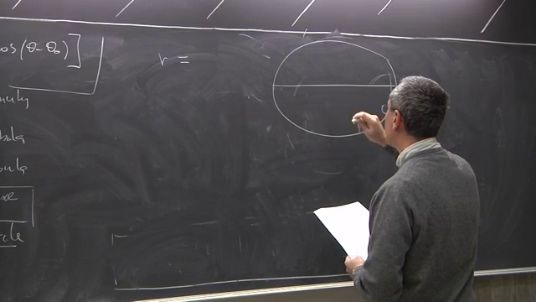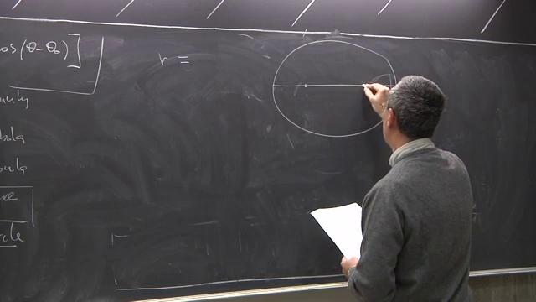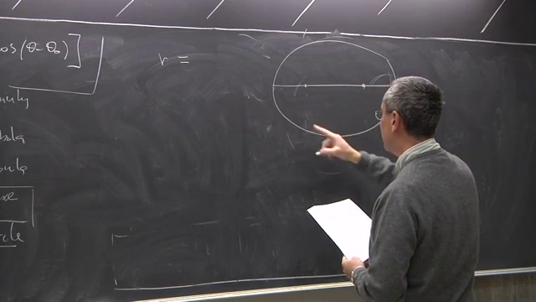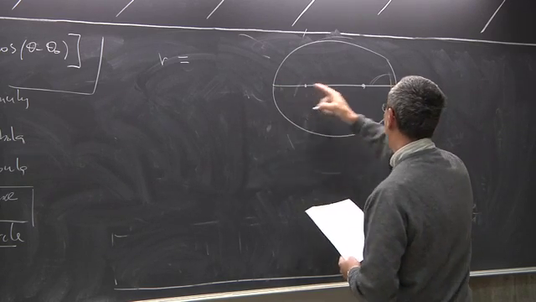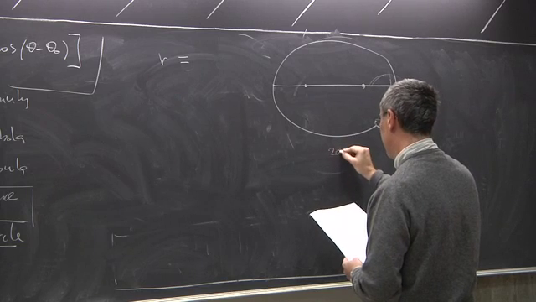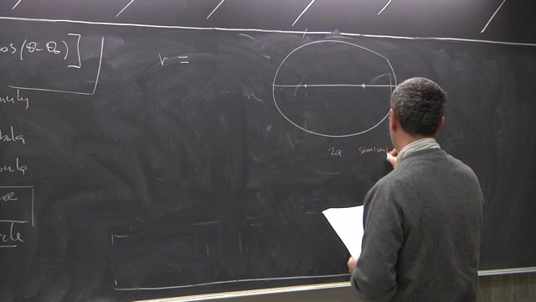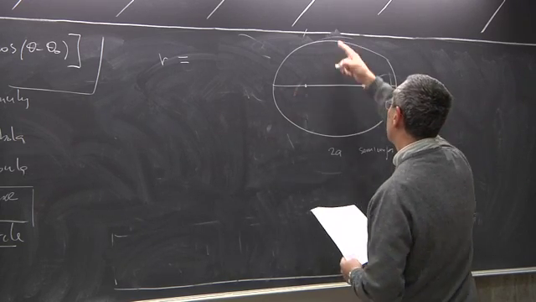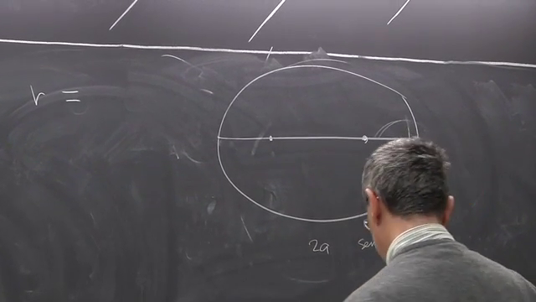an ellipse, and then this distance here. There are two foci usually, and this distance here, the total distance along the longest axis of your ellipse, is twice that distance, where A is called the semi-major axis, obviously, because this is the major axis, this is the minor, and half of this is the semi-major.